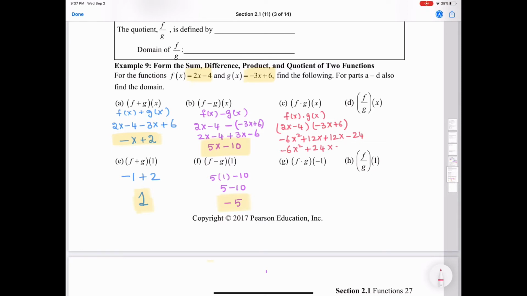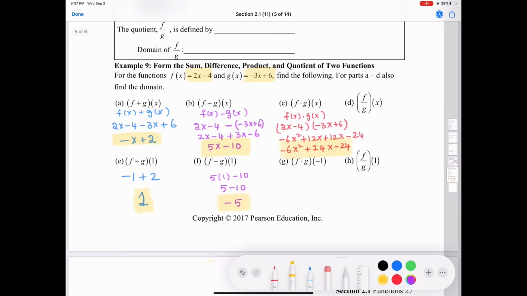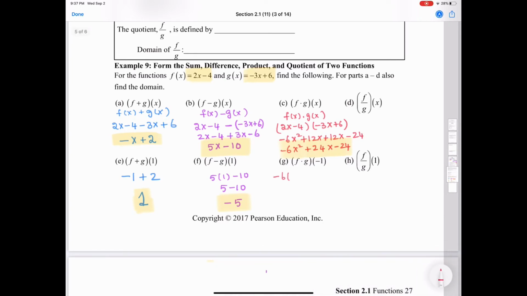So combining, it would be negative 6x squared plus 24x minus 24. Now again, it's asking me to plug in negative 1 in this place. So I'm taking this function and plugging in negative 1 for x. And that would make it negative 6 times negative 1 the whole squared plus 24 times negative 1 minus 24. So it would be negative 6, since negative 1 the whole squared is positive 1.